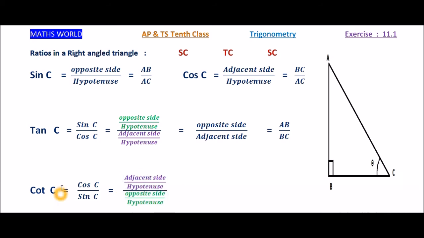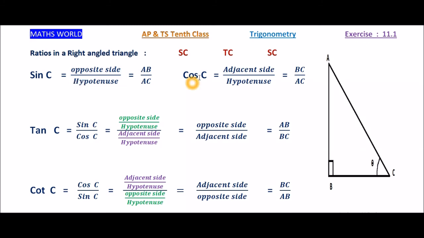So from the triangle image, what is the adjacent side? Already I told, adjacent to theta. Adjacent side is BC, opposite AB. So that is equal to BC divided by AB.